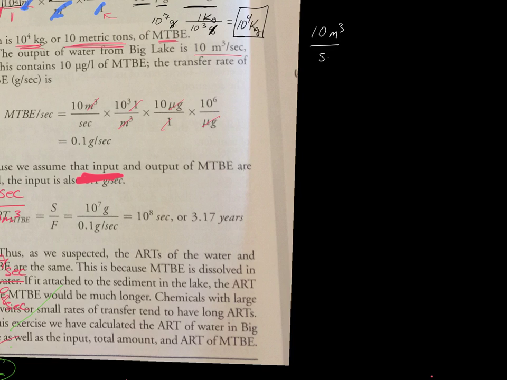So really, let me do the analysis over here and say I have 10 meters cubed over seconds. Again, we know that that's correct. 10 meters cubed per liter, and I'm using the big L, times 10 micrograms per liter times 10 to the 6th micrograms. Okay, we see that this is grams.